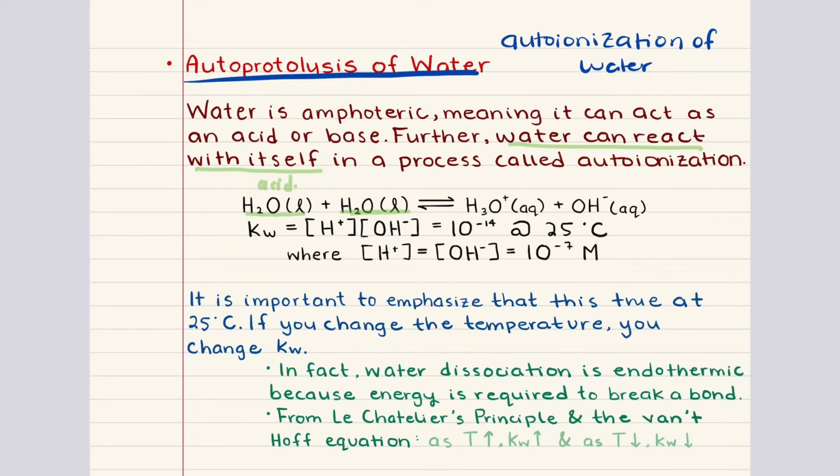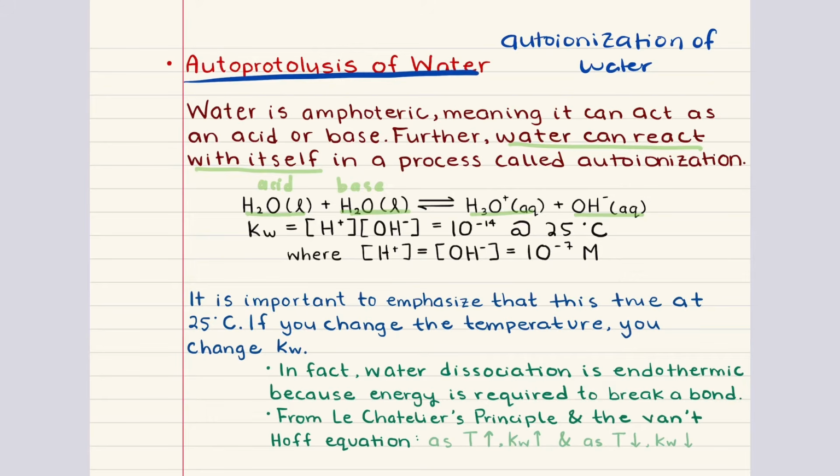As a result, the water molecule that gains the proton becomes a hydronium ion, which we write as H3O+ with a +1 charge. And the one that loses the proton becomes a hydroxide ion, which we write as OH- with a -1 charge. So in this process, two neutral water molecules react to form one positively charged hydronium ion and one negatively charged hydroxide ion.